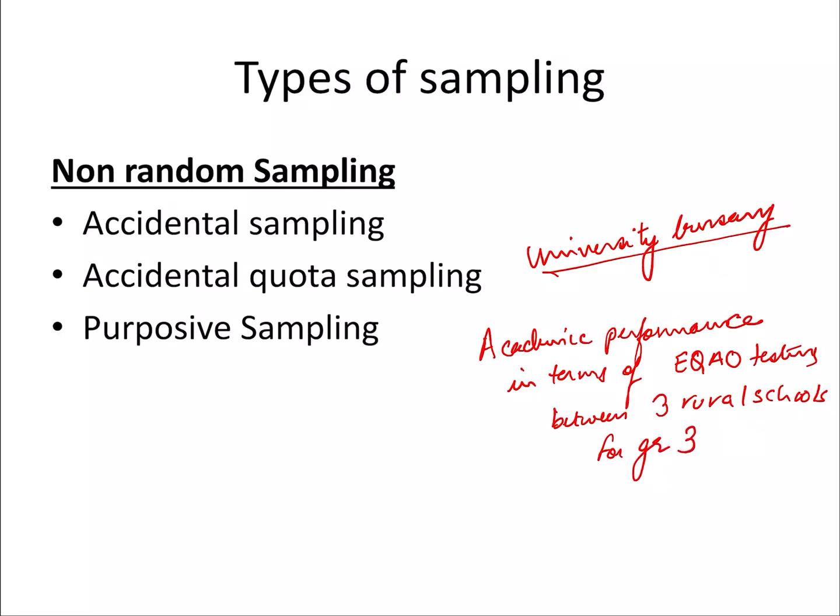So if this is what we wanted to look at, the sampling would not be random, in the sense we're not picking up 3 random schools. We are purposefully, or purposively, picking up 3 rural schools that we will compare between. Okay, so this kind of sample is called a purposive sampling.